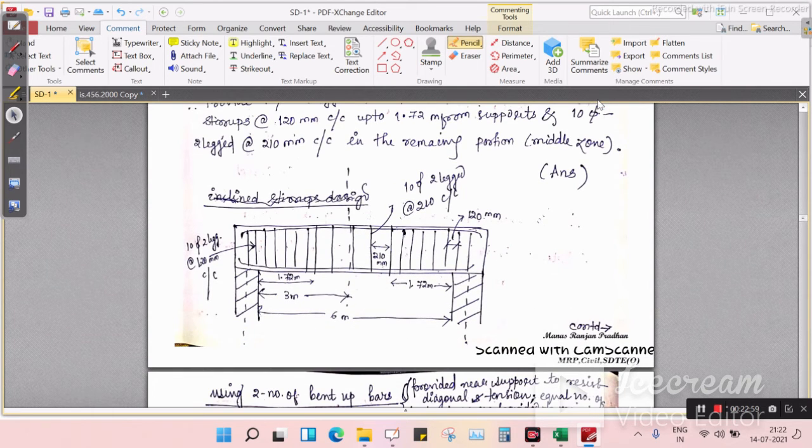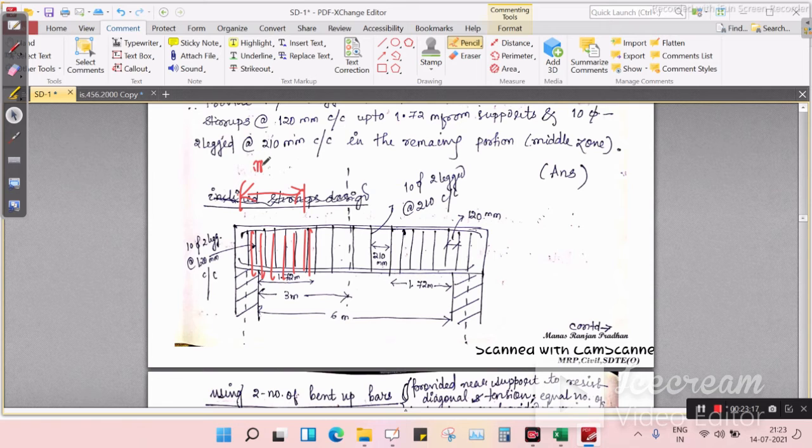So this is the answer. This is our required beam. This is 6 meter. This is 1.72 meter.